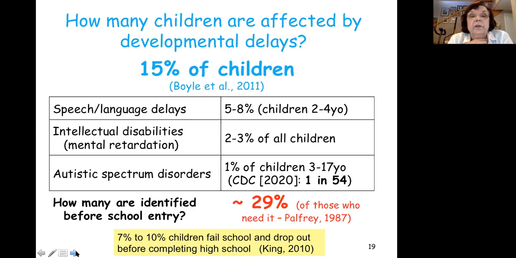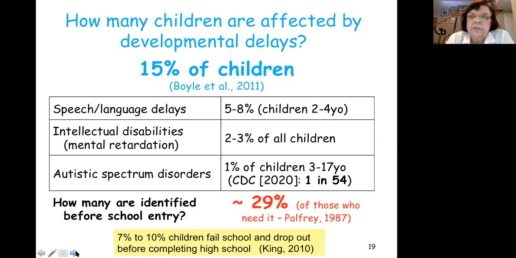The most common are generally speech and language, but there are intellectual disabilities and the autism spectrum disorders. This number has been decreasing in terms of an increasing ratio. So it's 1 in 54. A number of years ago, it was 1 in 100 and some. And now we're more efficient in diagnosing children that are somewhere on the autism spectrum.